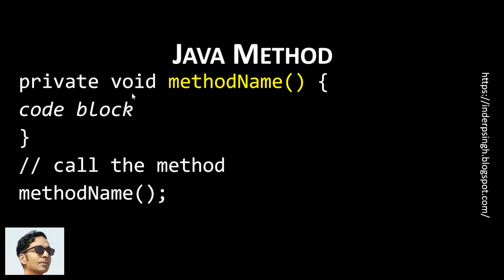Instead of void, if you give string, the method would have to return a string to wherever it is called, or int or something. Then there is the method name, and you can notice it's in camel case, and then within curly braces I have to give the code block. Now once the method is defined, I can call the method multiple times, as many times as you want.